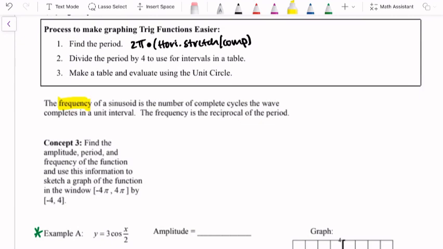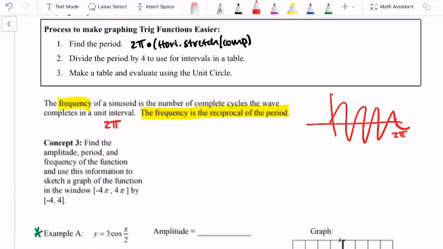The frequency of a sinusoid is the number of complete cycles the wave completes in a unit interval. To find that, the frequency is the reciprocal of the period. Remember the unit interval was 2 pi. So we're figuring out, in that 2 pi initial unit interval, how many times did we go back and forth.